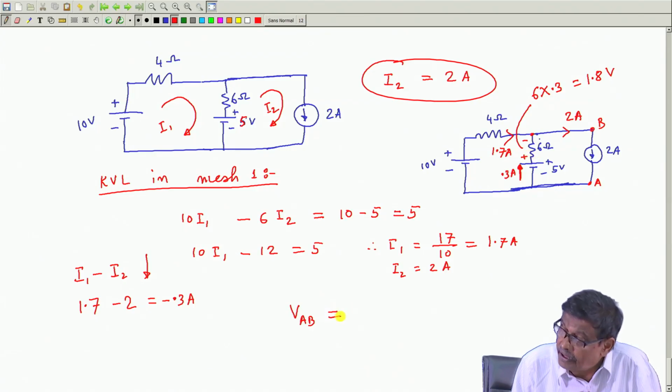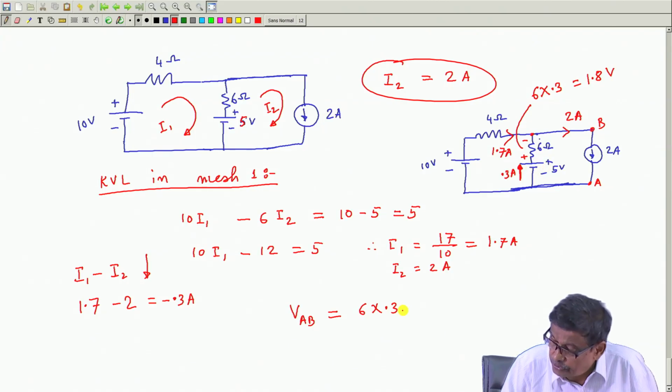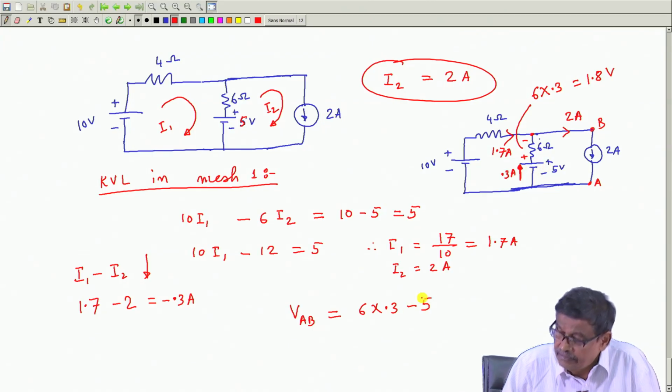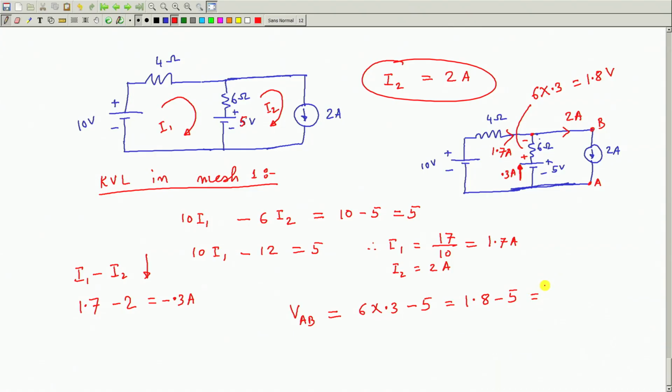So, put a plus voltage rise of 6 into 0.3, that is the voltage drop here. Then from this to this, it is an ideal battery, plus to minus 5. So, minus 5, and this will be 1.8 minus 5, it will become minus 3.2 volt.